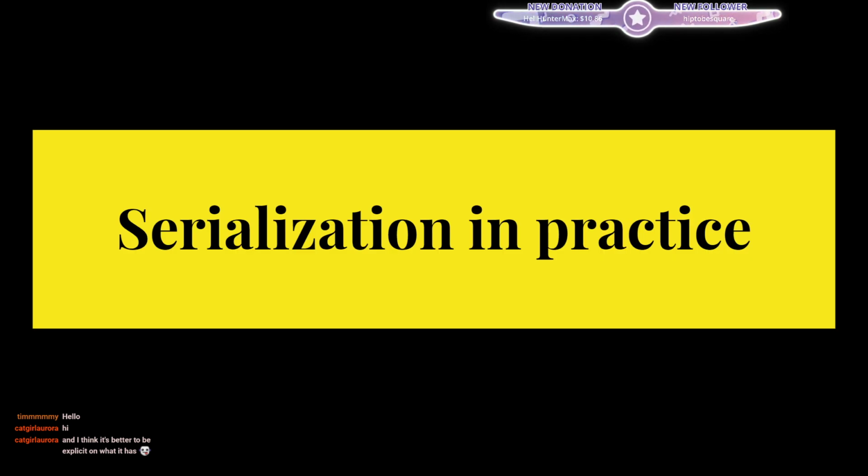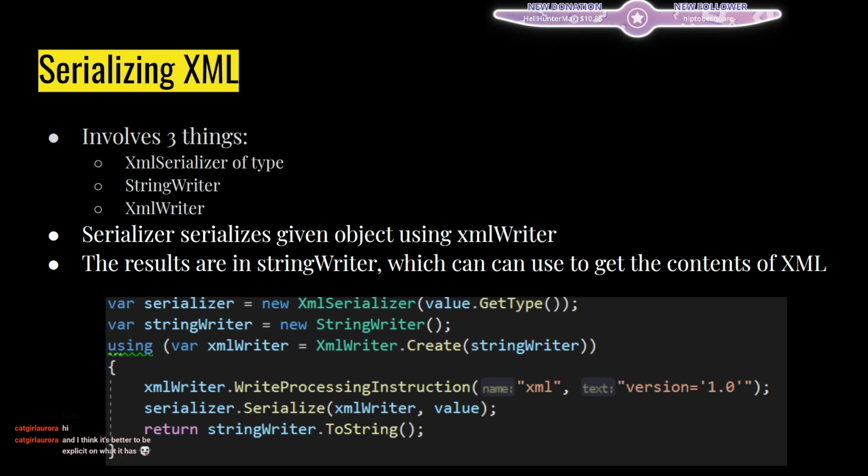So serialization in practice, how do you do it in .NET? For XML, you need three things basically. You need an XML serializer, a string writer, and an XML writer. The string writer could be replaced with something else because XML writer has some overloads, but the more common case is this: if you have an object and you want to convert it to a string for XML, you create those three things: XML serializer, string writer, and XML writer.